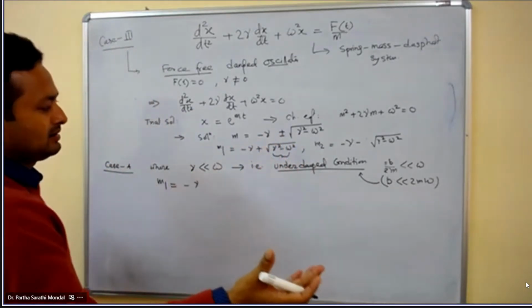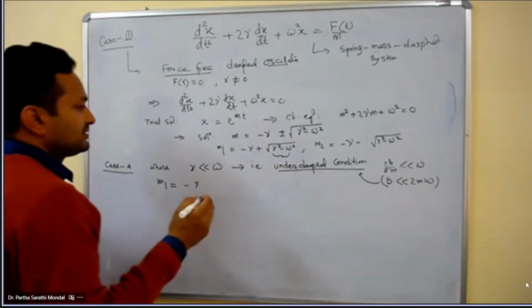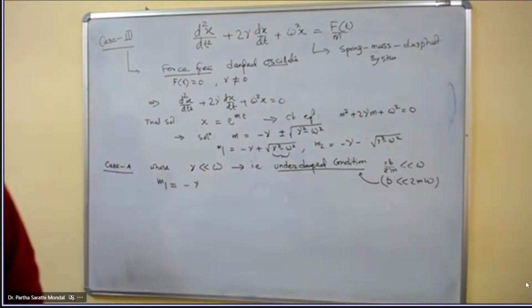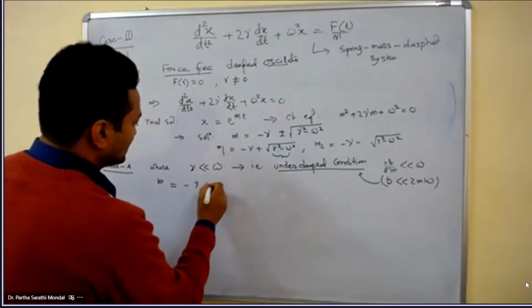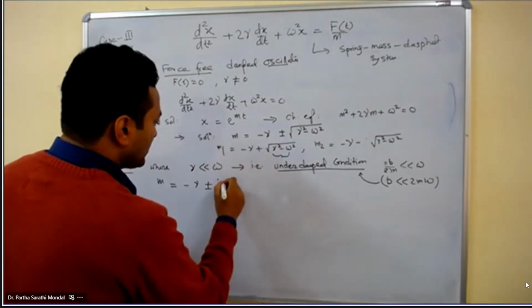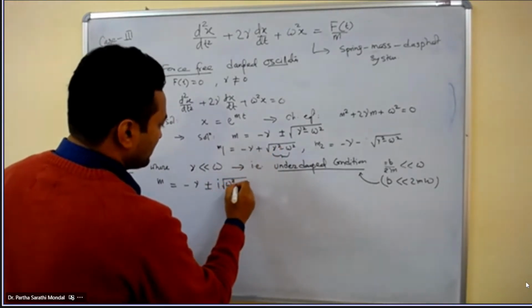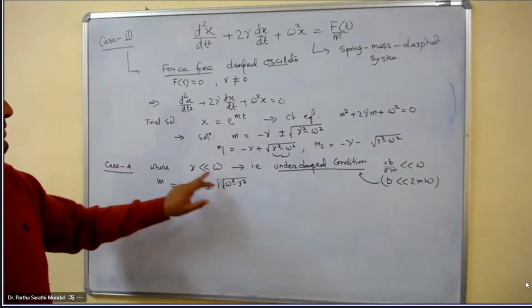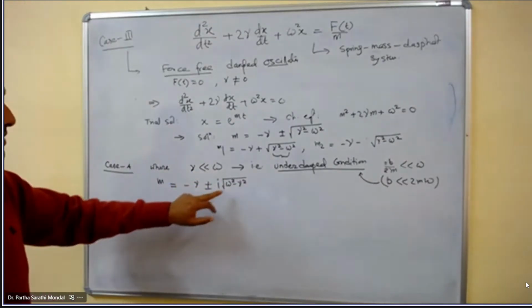Otherwise you will again get an imaginary quantity. If I take minus common here, you can write this as plus minus i root over of omega square minus gamma square, because now omega square minus gamma square is positive. So now there is no problem.